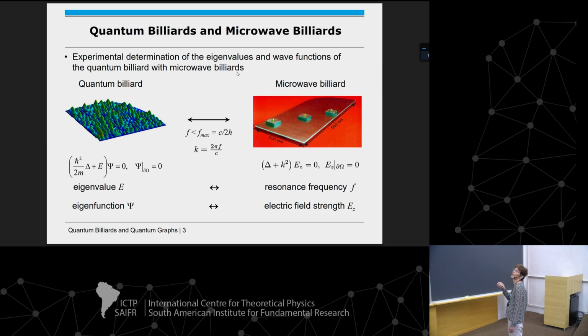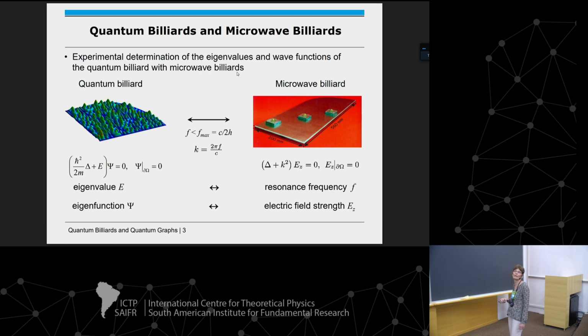That is, you also have these boundary conditions. These come from the boundary conditions for electromagnetic waves in a resonator with a metallic wall. And if the metallic wall satisfies perfect electric boundary conditions, then you have exactly the same boundary condition as in a quantum billiard. So this was introduced like 30 years ago.